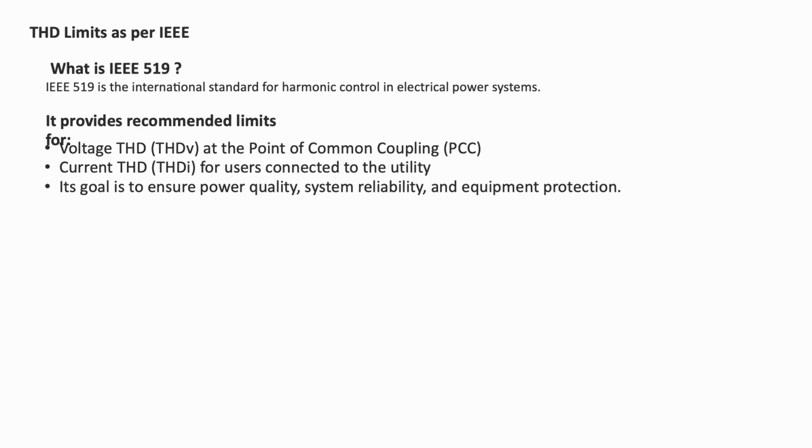This tells us how much current distortion we are allowed to inject back into the grid. Overall, the purpose of IEEE 519 is very simple: to maintain good power quality, ensure system reliability and protect equipment from damage caused by harmonics. So in short, IEEE 519 is the rule book for acceptable harmonic levels.